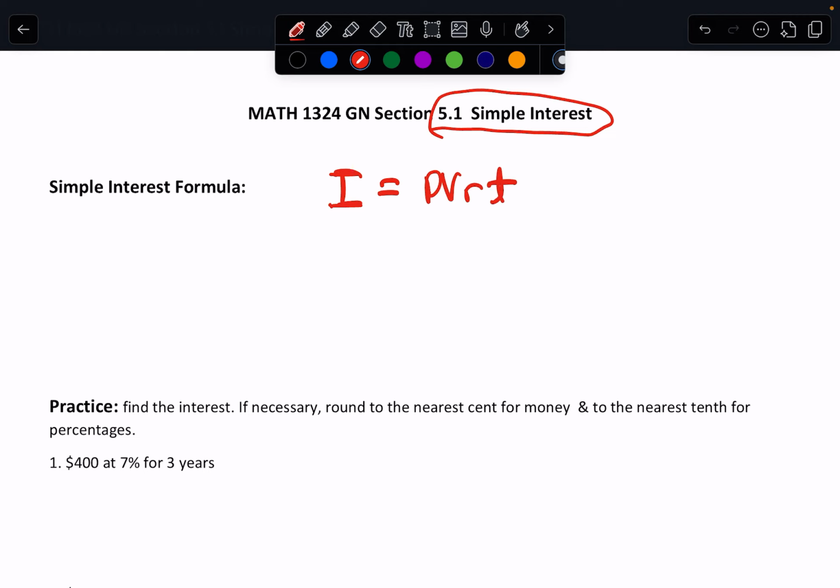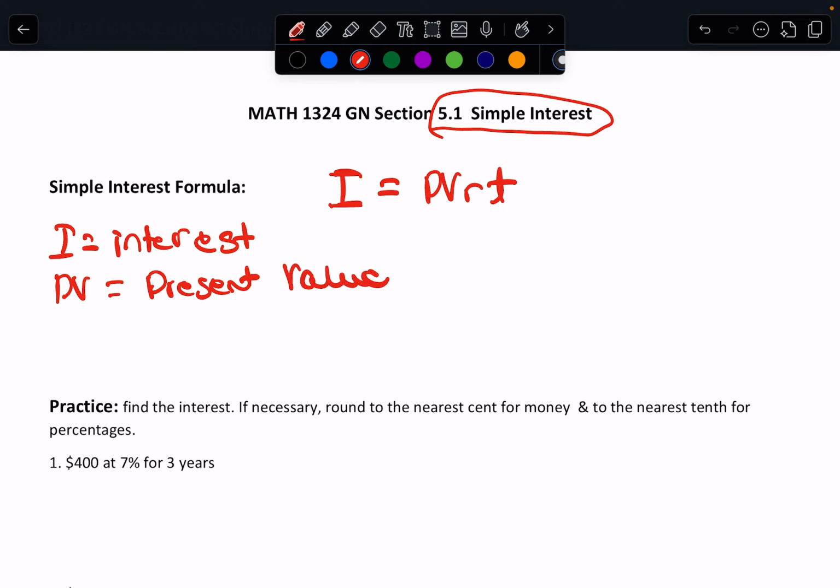So I is the interest. PV is the present value, which you also see as principal.